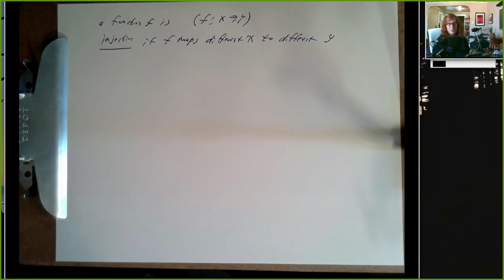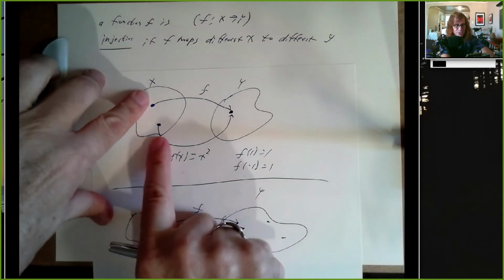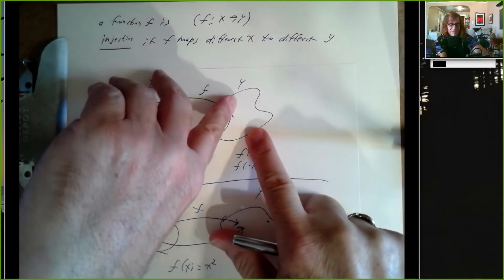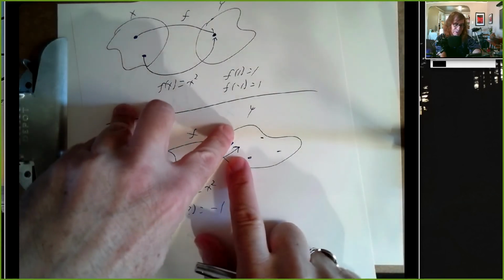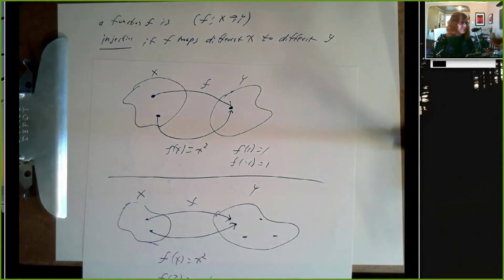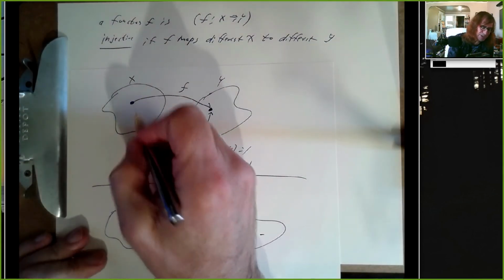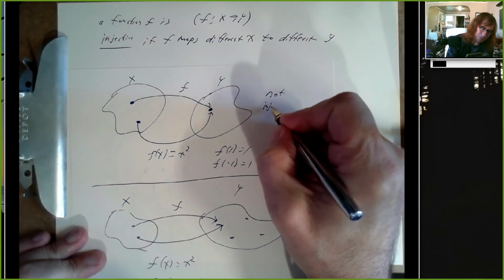That's a kind of loosey-goosey definition, but the spirit of it is, if I take two different points here, they're going to map to different points over here. So something like what we're seeing here. This is always the case with an injective function. Different x's go to different y's. If we have a case where even just two x's go to the same y, this is not injective.